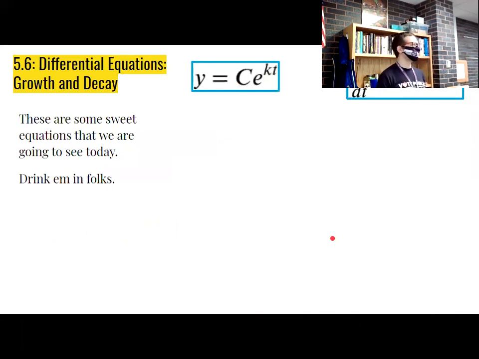All righty. So here are some sweet equations we're going to use today. Drink them in, folks. And on that note, you should just make a quick note of them. These both will show up again at some point today. But you should make a note of those because these are the two really important things from today. So I'm going to point them out and then we'll see how they show up.